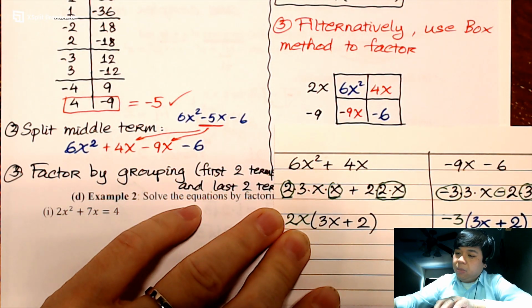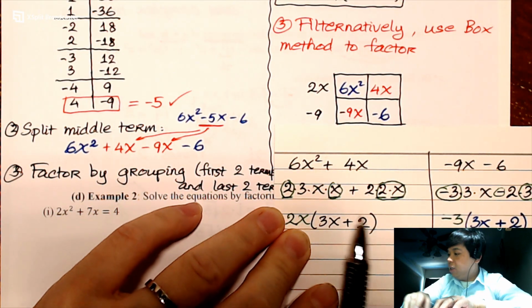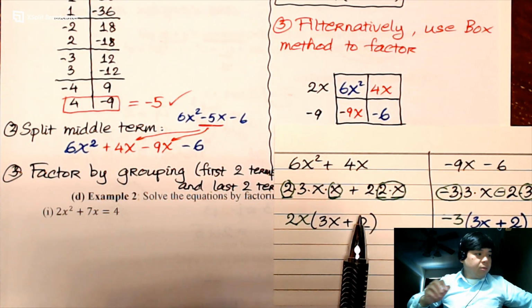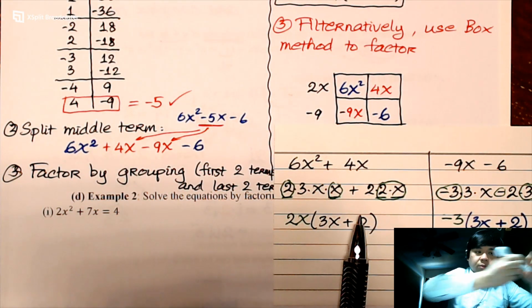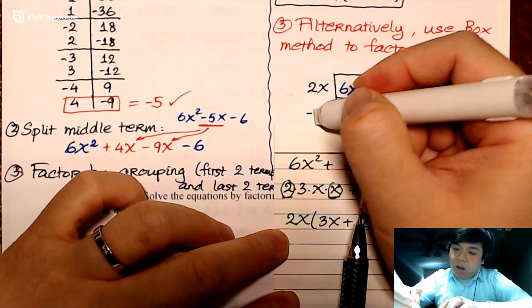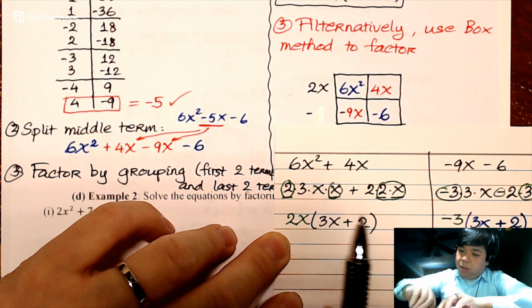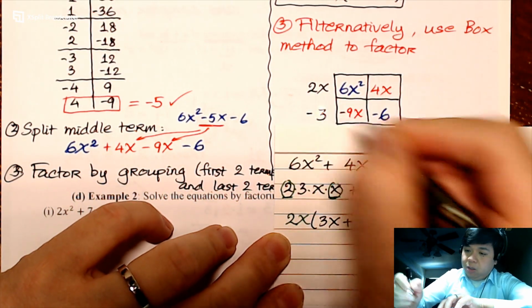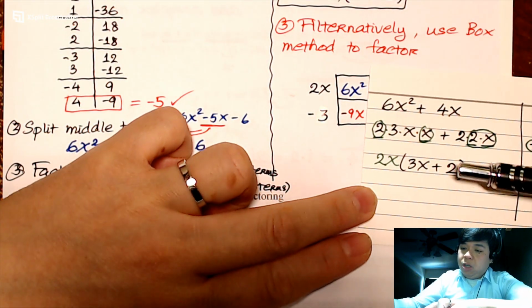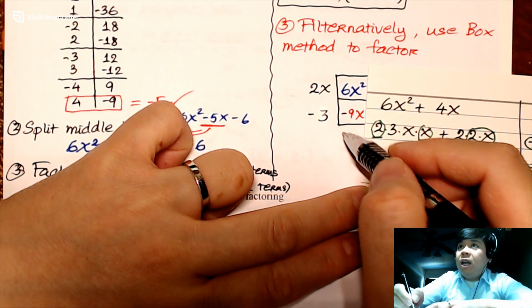Sorry. The common of this is -3. Yeah, we just write the common term. -3. Okay. And now those two terms, 6x squared and -9x.